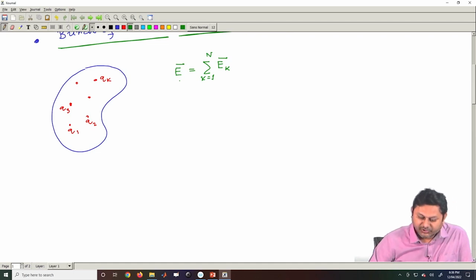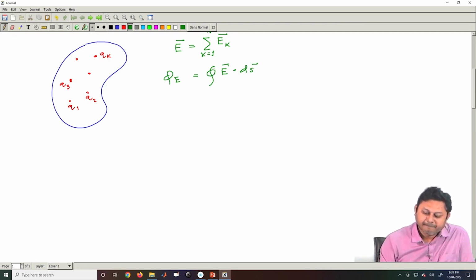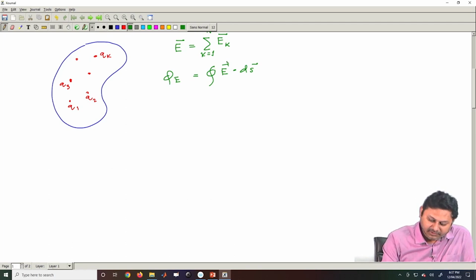Now, if I want to find out the total flux phi e, that is the integration of E dot ds, and this is a closed surface integral because I am enclosing this volume with this surface. Now this E is the total field, because I am taking the value for all the charge points.